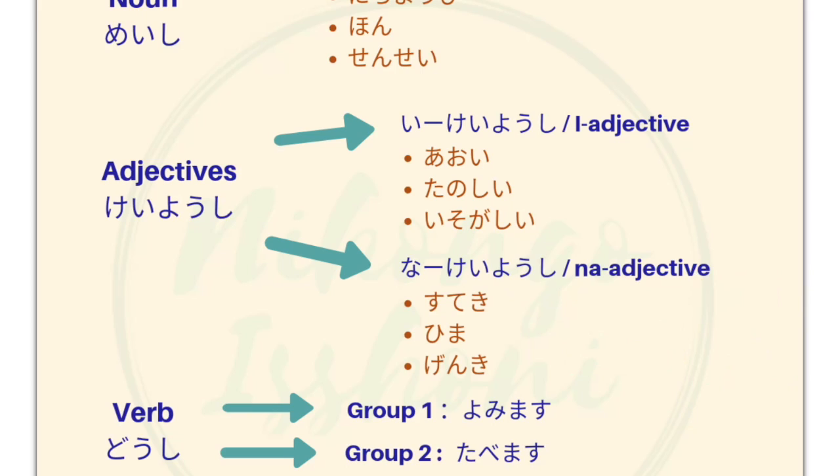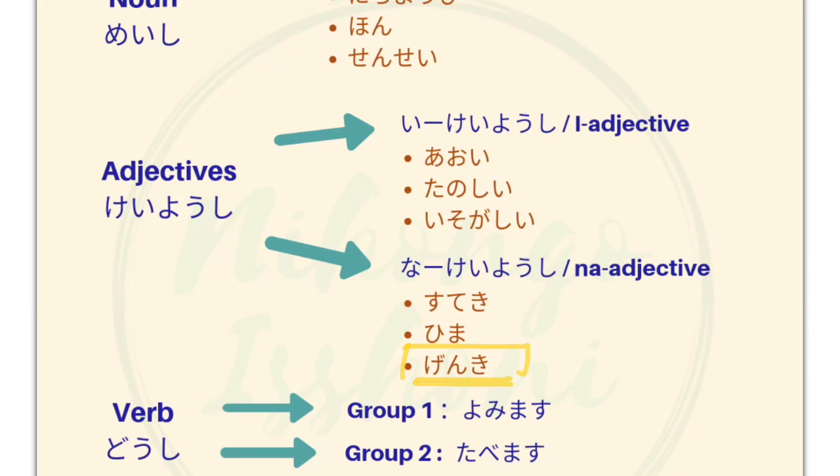So when we need to use the words blue sky, we use aoi sora. Sora is sky. But for na-adjectives, we cannot just use the adjective alone.